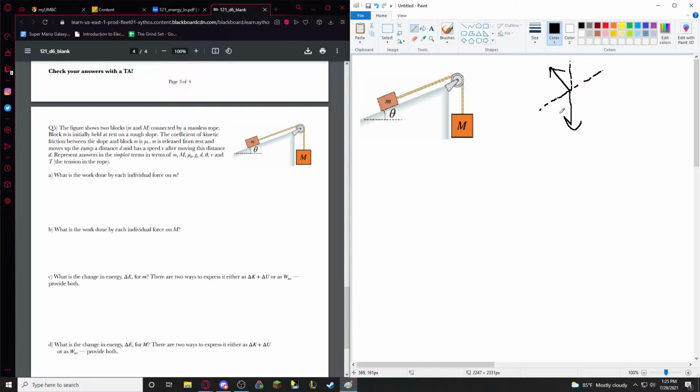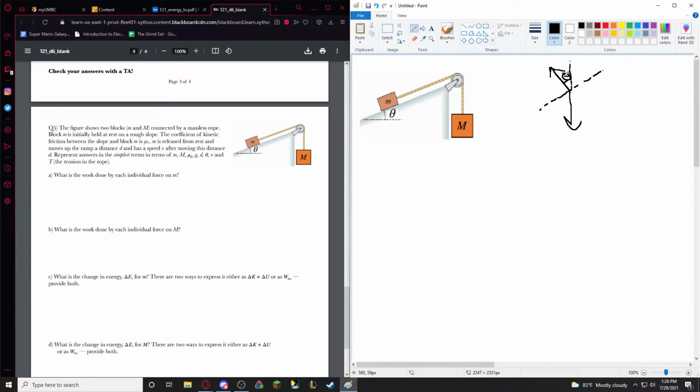Theta would be... 1, 2, or 3 here? Would be one. Exactly.